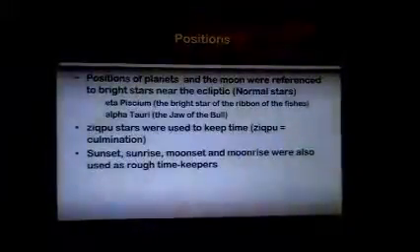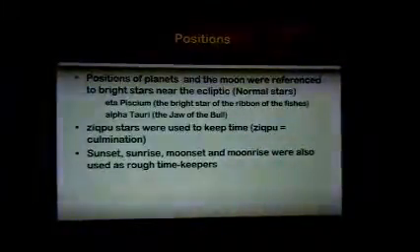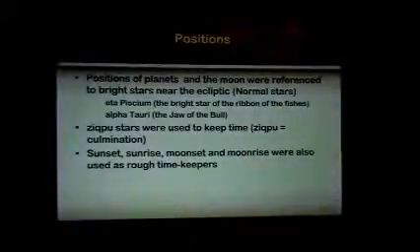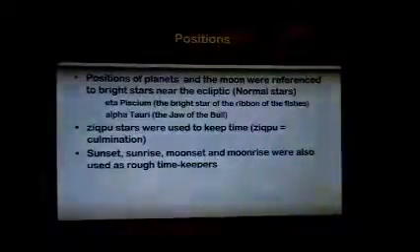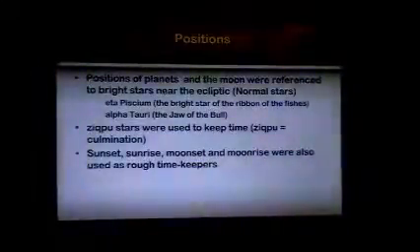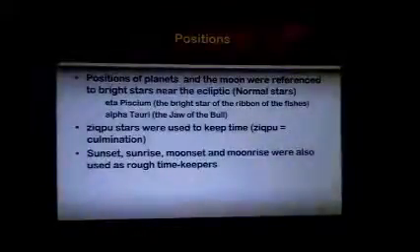And we also used times after and before sunrise, sunset, moonrise, moonset as timekeepers as well. And time was often not given necessarily in time units, but may have been given in degrees of sky because the sky moves at a pretty regular rate.